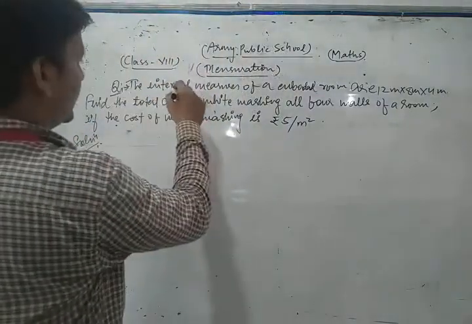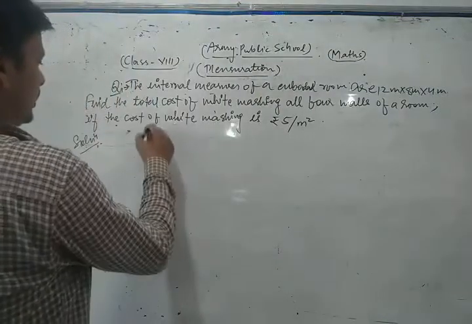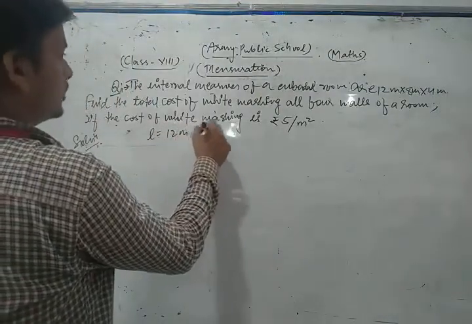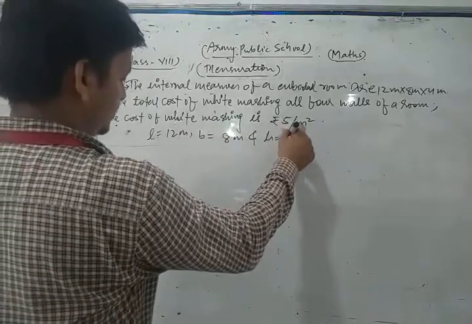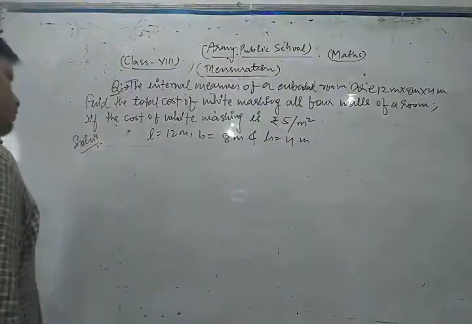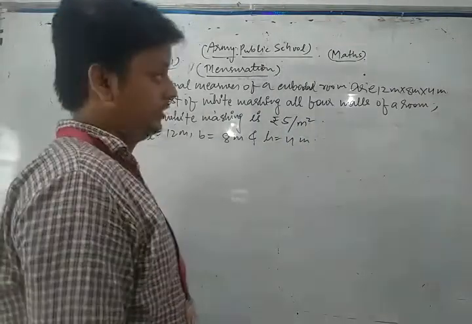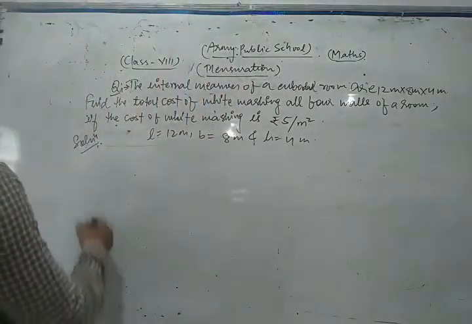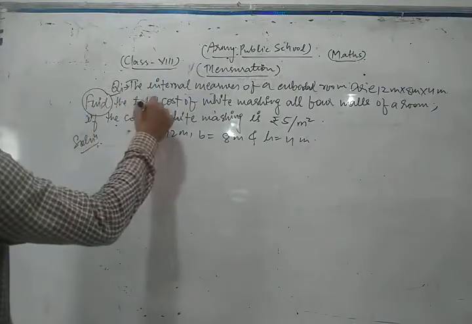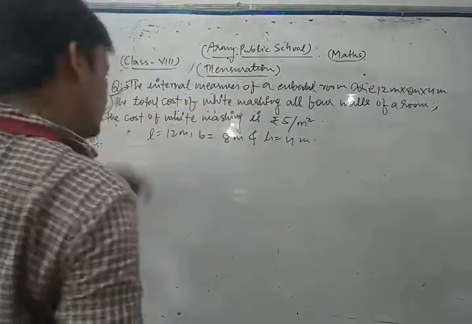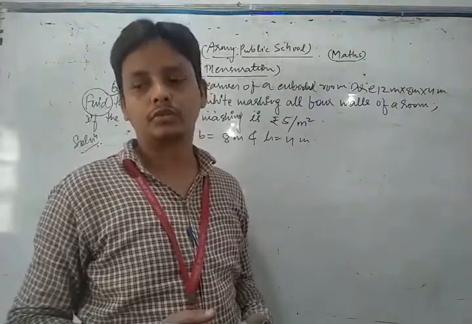Here, the internal measures of a cuboidal room are this. So length of the room 12 meter, breadth of the room 8 meter, and height of the room is 4 meter respectively. Now here we find the total cost of whitewashing. So first of all, we find the area of 4 walls of a room.